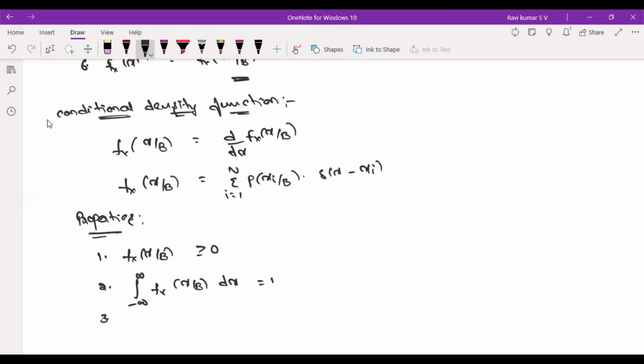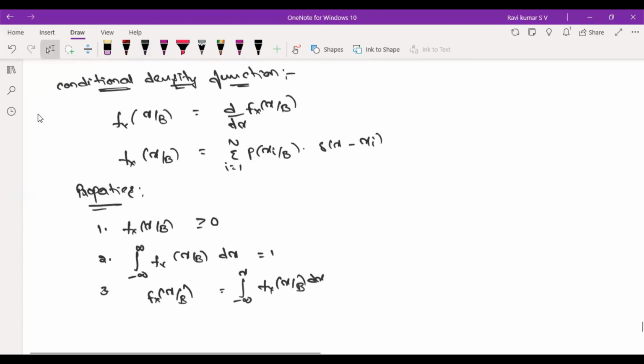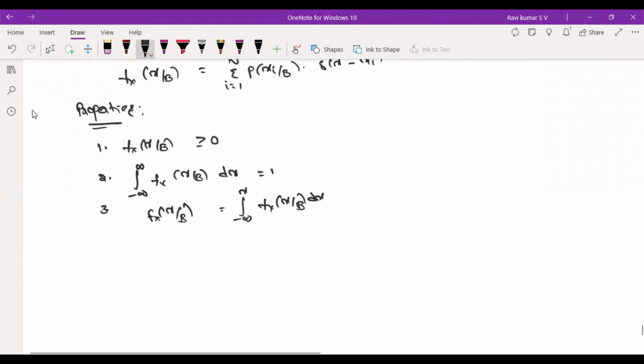The third property, F_X(x|B) is equal to the integral from minus infinity to x of f_X(x|B) dx. And the fourth property is probability of x1 less than X less than or equal to x2 given B is equal to the integral from x1 to x2 of f_X(x|B) dx.